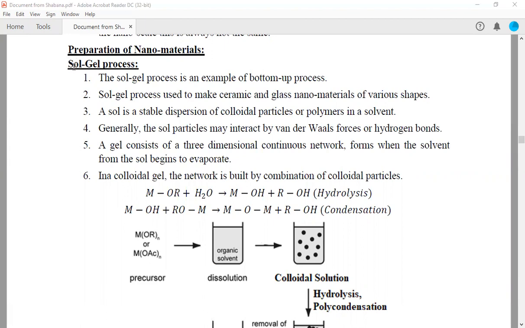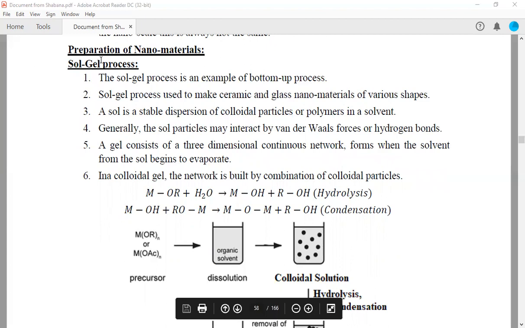The sol is a colloidal or molecular suspension of solid particles or ions in a solvent. A gel is a rigid mass that forms when the solvent from the sol begins to evaporate and the particles or ions left behind begin to join together in a continuous network.